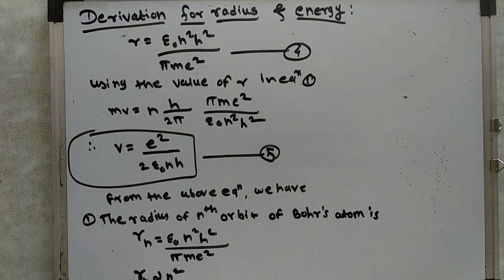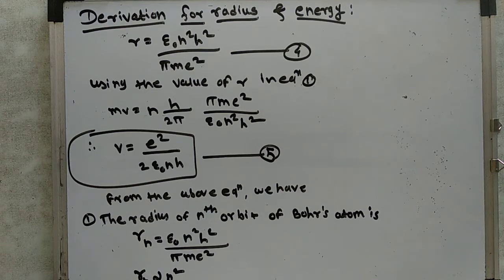Hence, the electron cannot rotate in any arbitrary orbit, but in certain specified orbits in which radius is proportional to the square of an integral number characterizing that orbit.